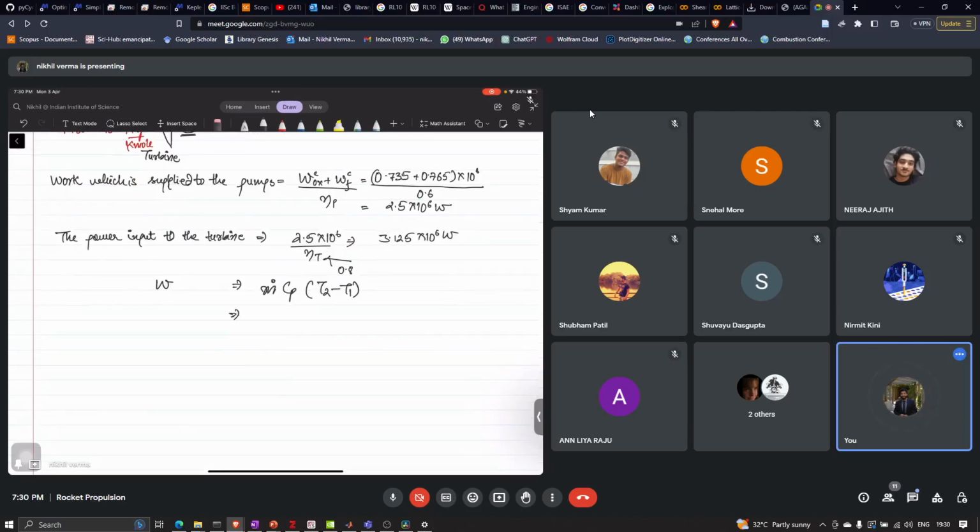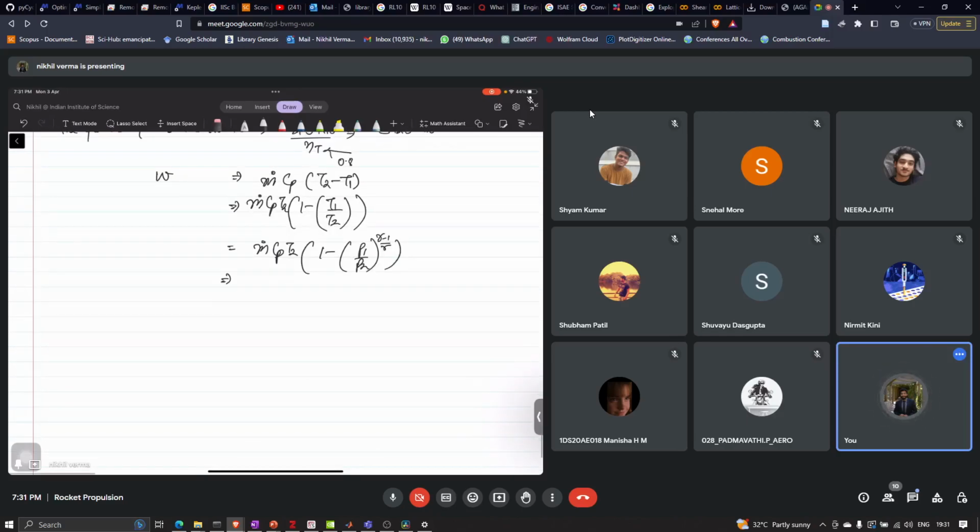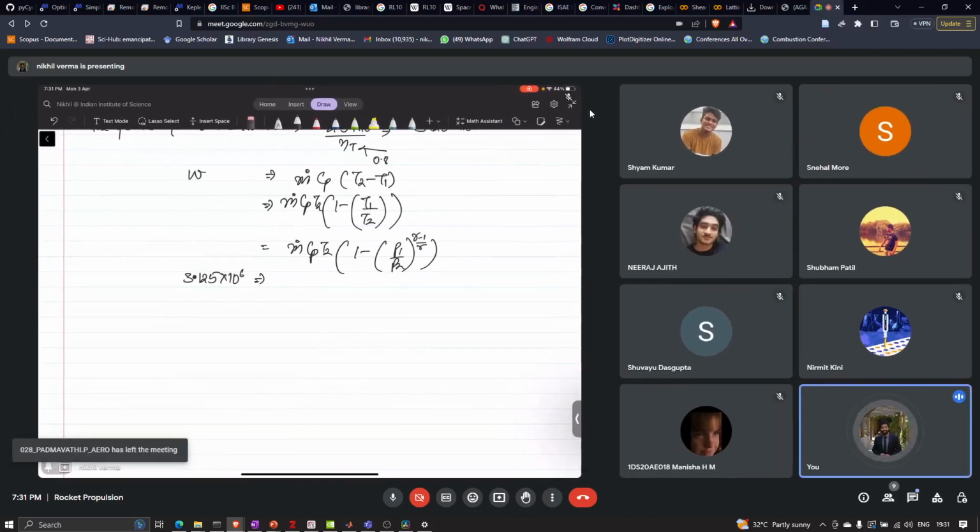We can take out T2 as common: 1 minus T1 by T2. This is m dot Cp T2 times 1 minus P exit divided by P, okay, this will be P1 by P2 raised to gamma minus 1 by gamma. So this is known, 3.125 10 to the power 6.